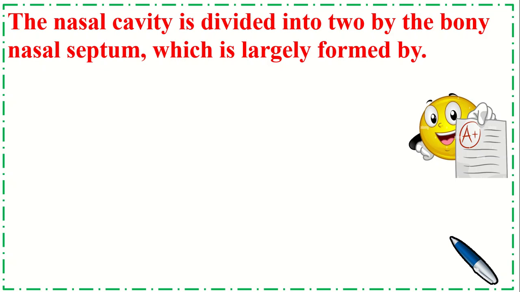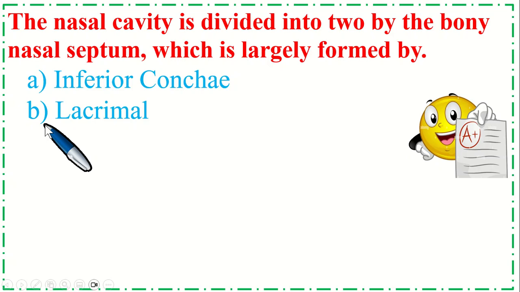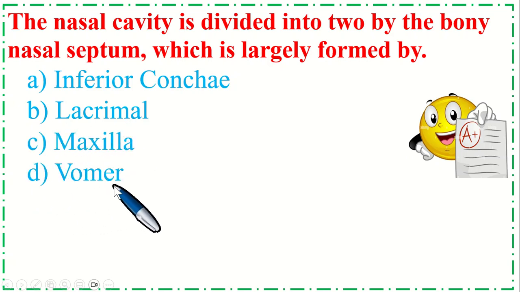So this is very important MCQs. The nasal cavity is divided into two by the bony nasal septum, which is largely formed by option A inferior concha, option B lacrimal, option C maxilla, and option D vomer.